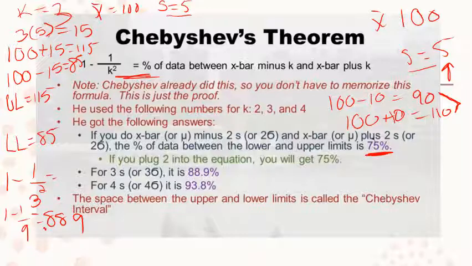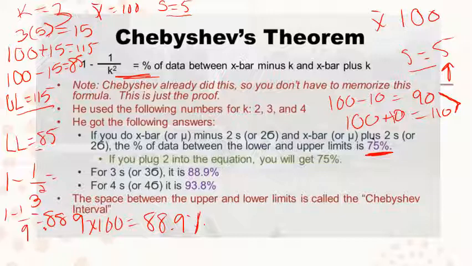To turn that into a percent, we multiply by 100, which means we get 88.9%. So 88.9% of our entire data set is going to fall between our lower and upper limits of 85 and 115. That's kind of how it goes.